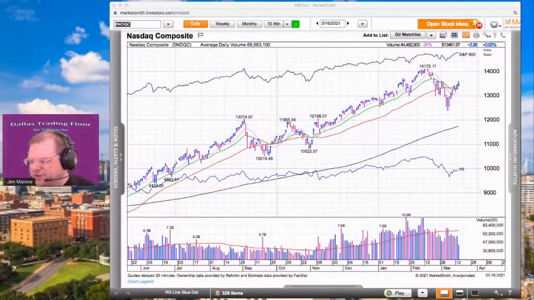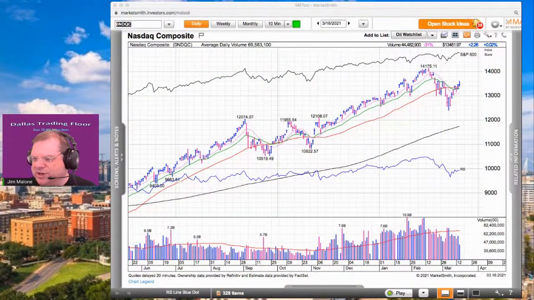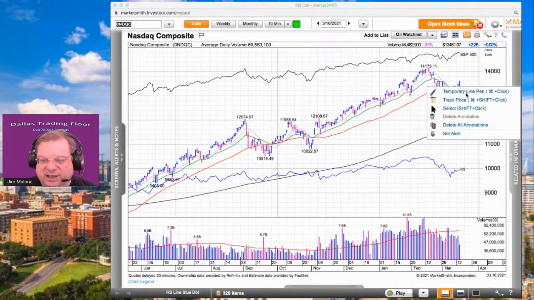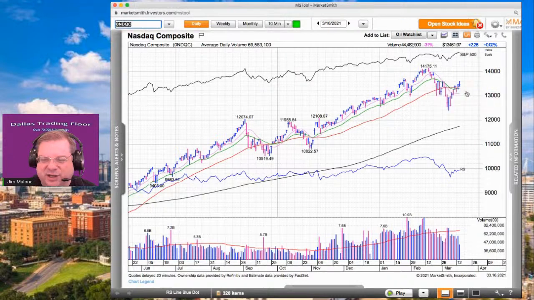But basically I just wanted to go through some of the indexes right now and take a look at how everything is doing there. Let's take a look at the Nasdaq first, and this is the Nasdaq Composite. What's happening here is we've pulled down, and now we seem to be making a very nice movement above the 50-day moving average.